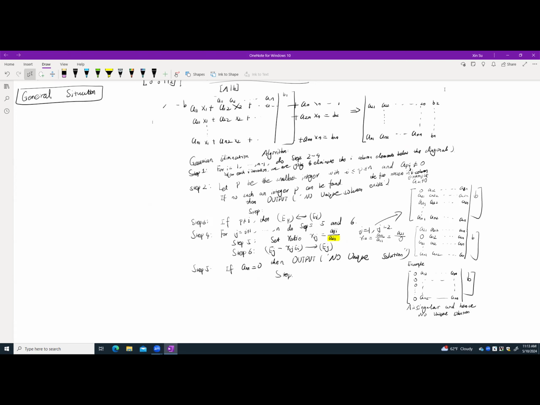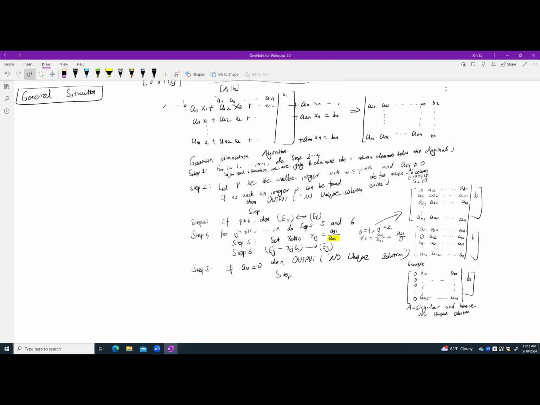Does that make sense? For iteration i, we have A11, A12, up to A1n, and then AII up to AIN. We multiply the Rij with the whole row, all the elements here. How many elements do we have? That is m minus i plus 1.